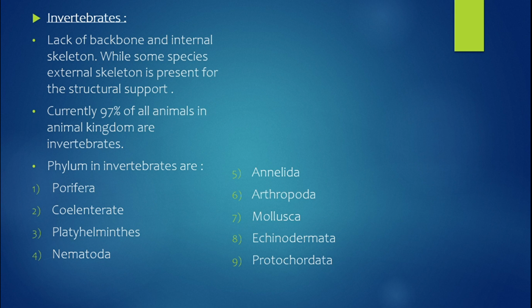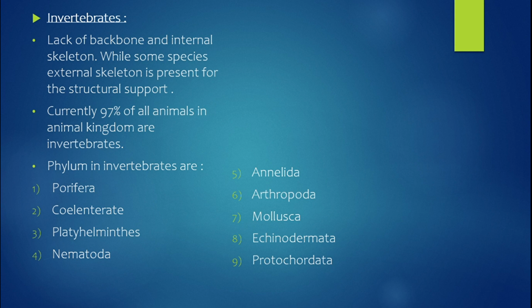You might have heard these terms in my previous videos about the introduction to kingdom plants and animals. We are going to see these phyla one by one, their characteristics, their examples, their functions, and everything about them.